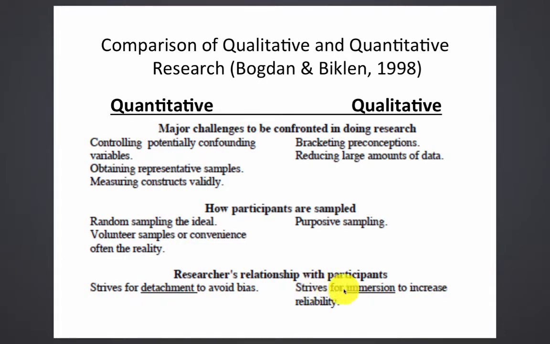Alternatively, in qualitative inquiry, there's this focus on immersing yourself into the data, immersing yourself into the case, the situation, the documents, because it's only through immersion that you'll be able to produce a strong or the strongest possible description of what it is people are experiencing.